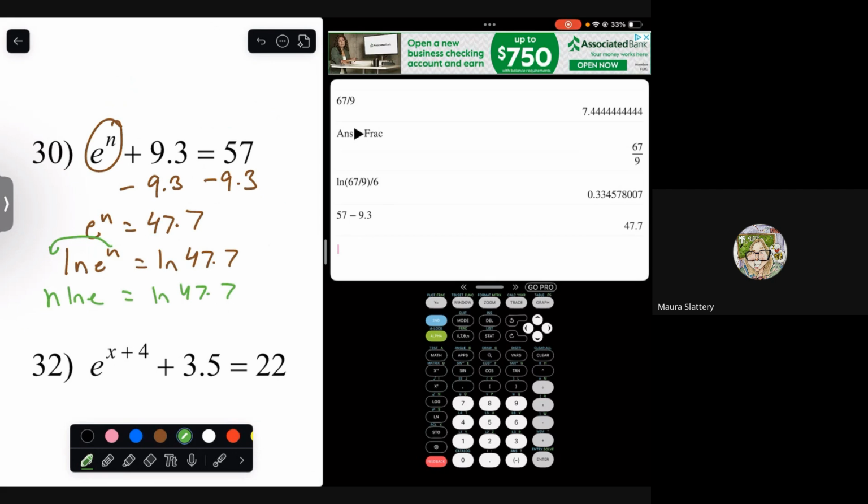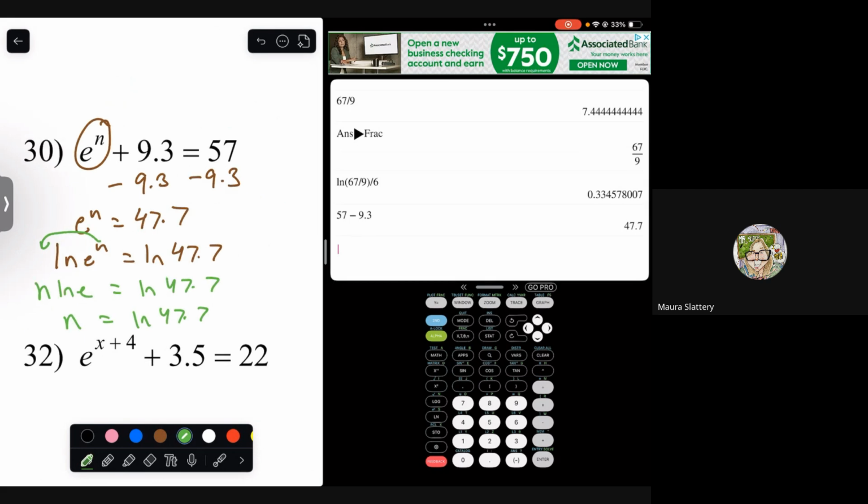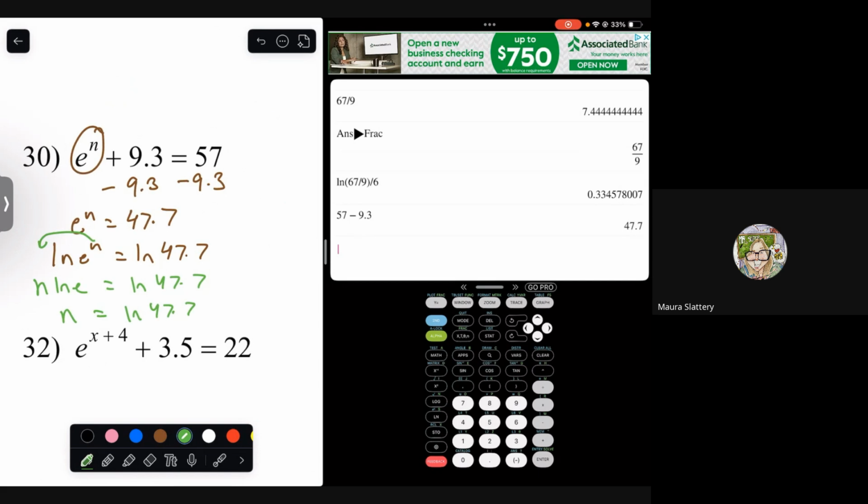What is ln of e? 1. So this is just n. So ln e equals 1, right? Correct. Perfect. And so does the log of 10. So now we just go to our calculator and type in ln of 47.7.